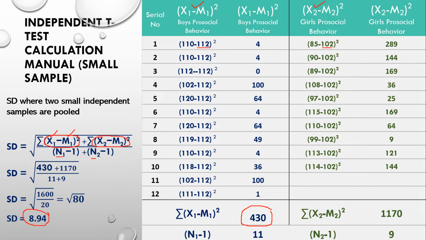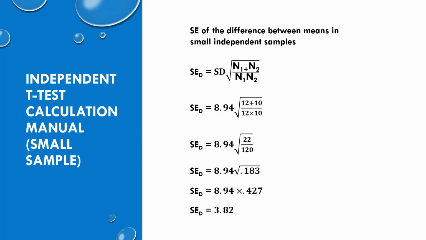Now we have the mean values and the standard deviation. Now we calculate the standard error of difference. The formula for a small sample is the pooled standard deviation times the square root of (n1 plus n2) divided by (n1 multiplied by n2). We know n1 and n2 are 12 and 10, so 8.94 times the square root of 22 divided by 120.